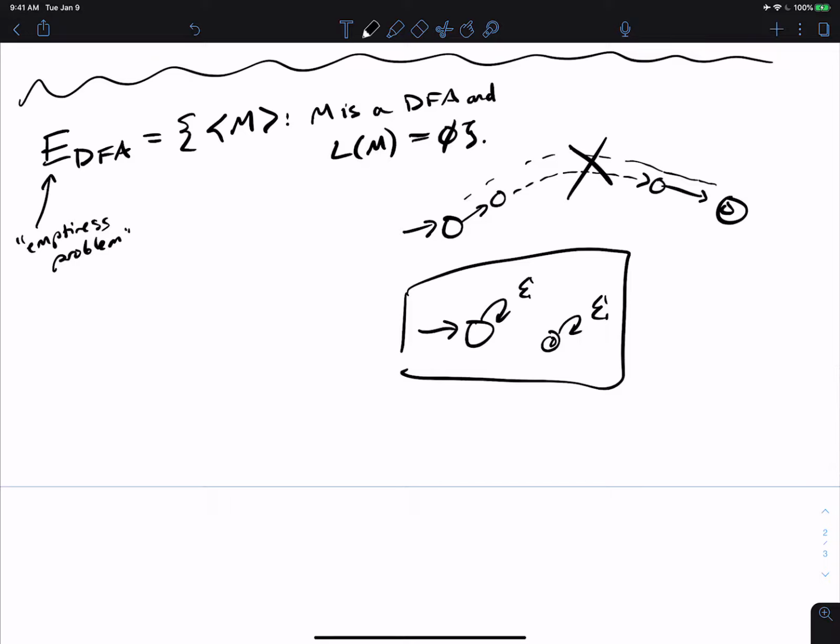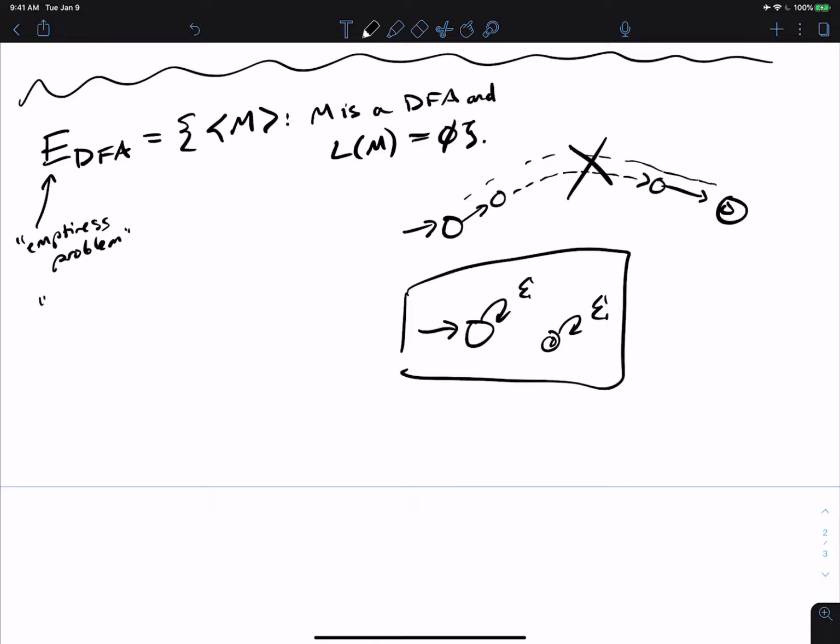So how do we solve this? If you put on your algorithm hat, all that we're asking here is, is there a path from the start state to any final states? And you can use any graph traversal algorithm you want, because the quote-unquote DFA slash graph here is finite.